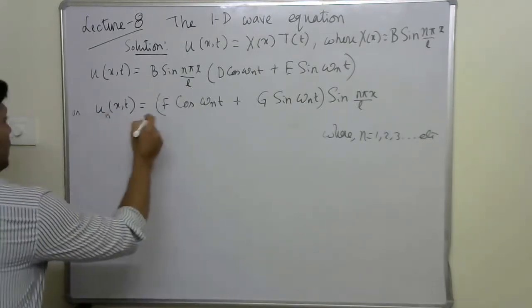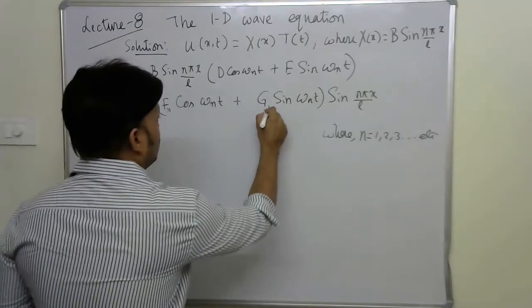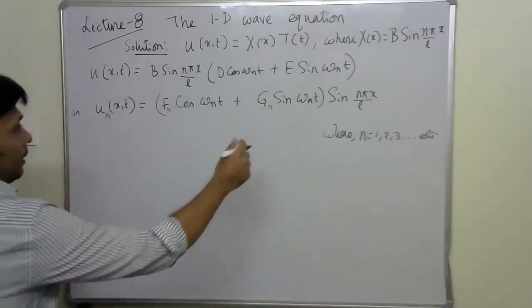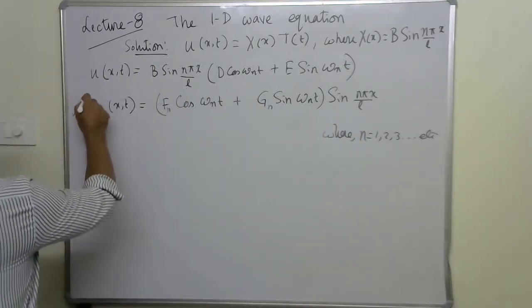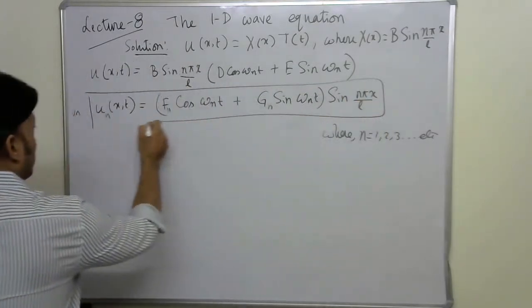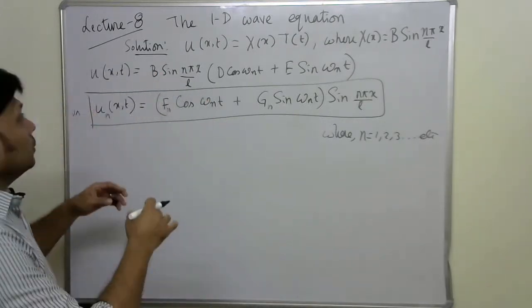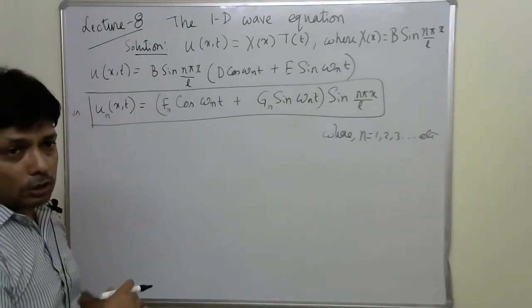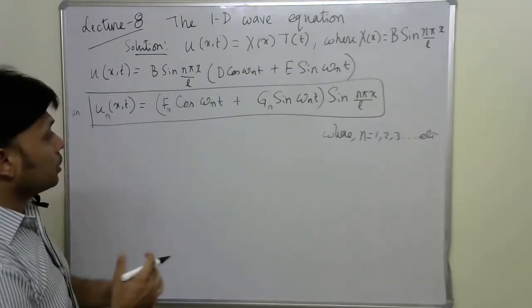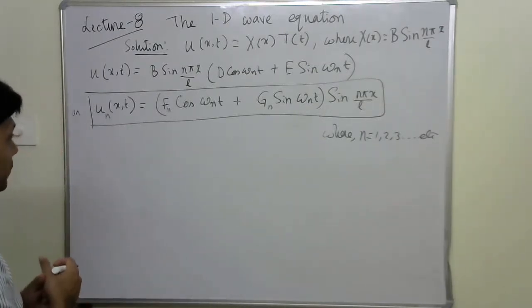So un is equal to Fn cos this part plus Gn sine this part. So we can tell overall that this is the final solution for the vibration of the one-dimensional wave equation, or vibration of a string attached at both ends.